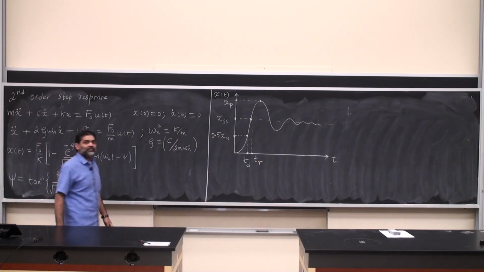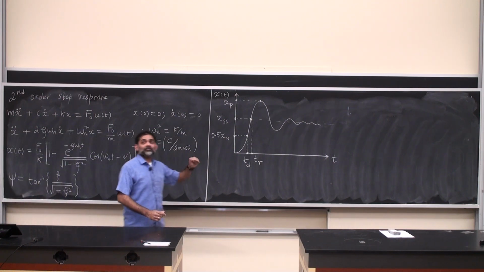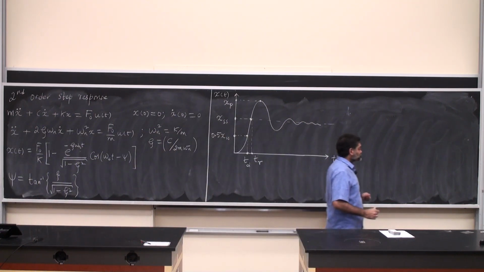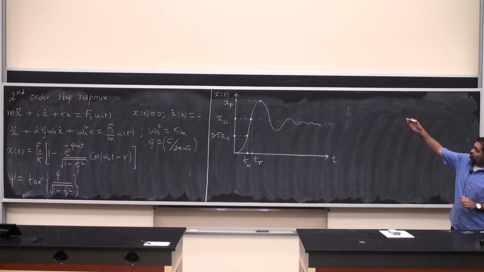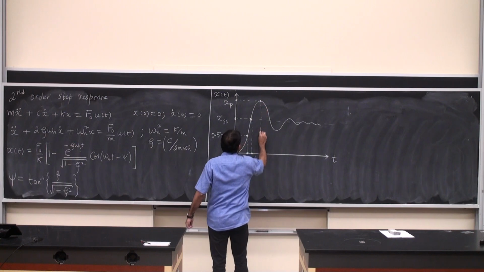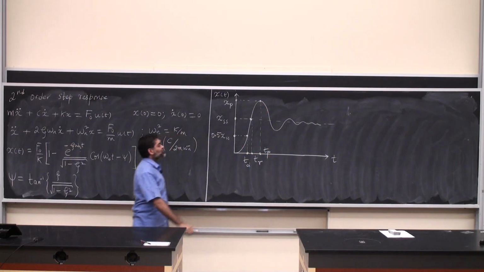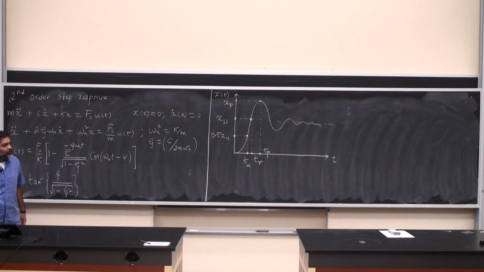This is called the rise time or the 100% rise time. I'm reaching 100% of steady state value right at the time, the first time. Then I have the peak point, the time at which that occurs is the peak time. T suffix P is the peak time.